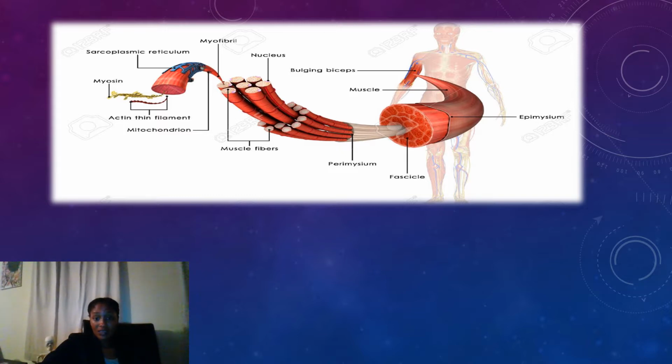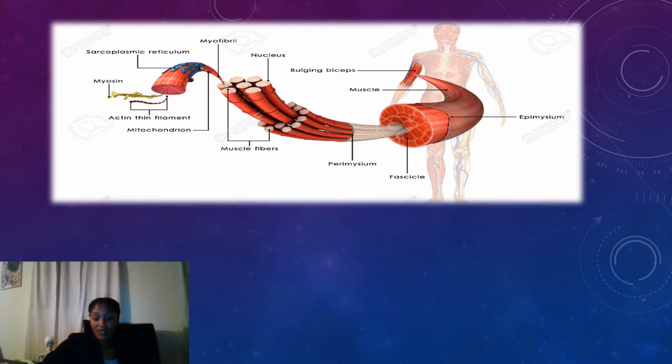These contain the muscle fibers, and you can see the striations on these skeletal muscle fibers in the picture, the nucleus, the sarcoplasmic reticulum that produces the proteins, calcium ions, the thin filaments, mitochondrion, the myosin.